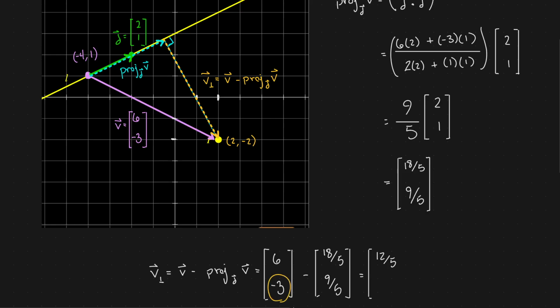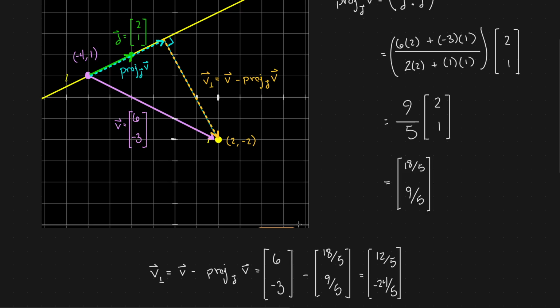Negative 3 is equal to negative 15 fifths. So negative 15 fifths minus 9 fifths is negative 24 fifths. Okay, so that's the vector pointing directly from the line to the point.